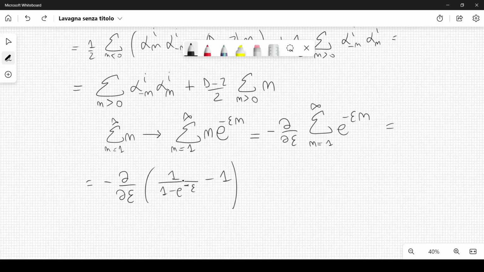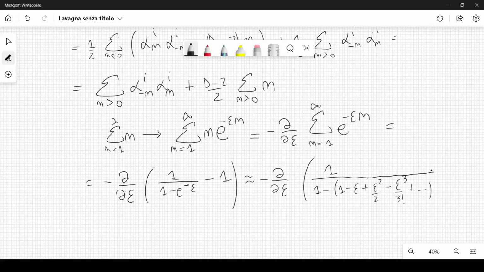Now I want to expand this denominator in a series, because epsilon is small, so this is approximately equal to minus the derivative with respect to epsilon. We have 1 over 1 minus epsilon plus epsilon squared over 2 minus epsilon cubed over 3 factorial plus dot dot dot. And then this minus 1 here will not appear because when I take the derivative, it's simply equal to 0.